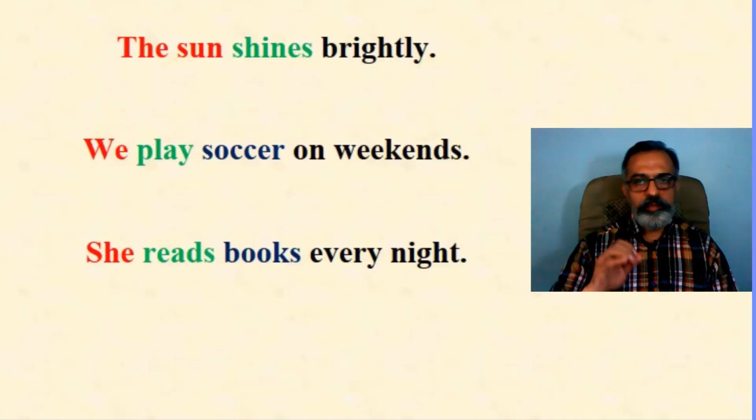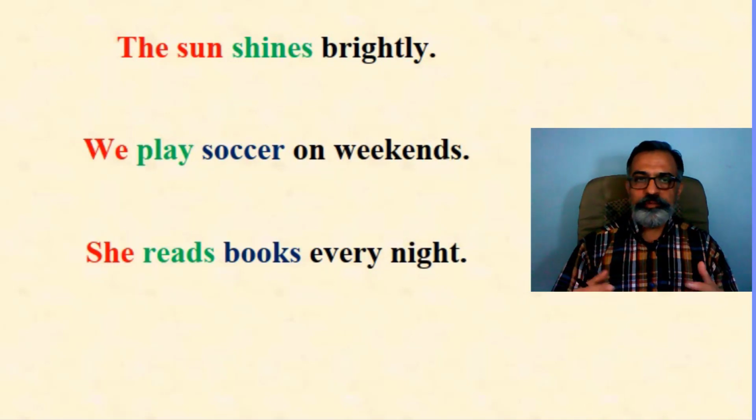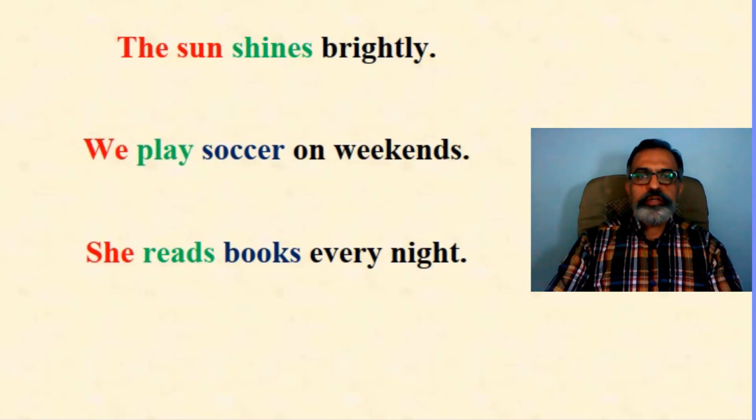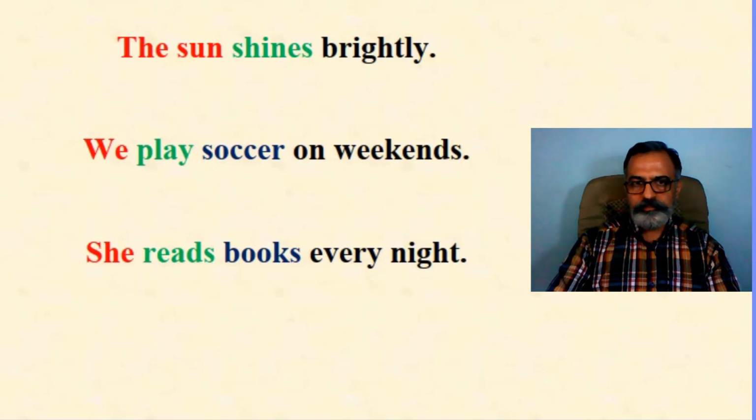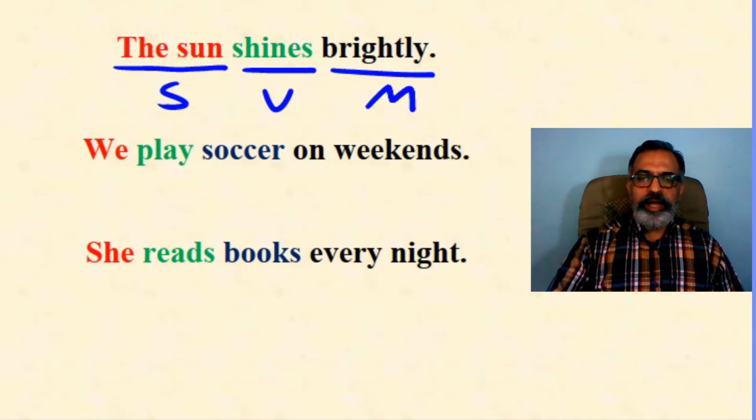Now let's check it in some sentences and find the items and parts of these simple sentences. Okay? The sun shines brightly. The sun is the subject, shines, verb, brightly, adverb of manner. We play soccer on weekends.